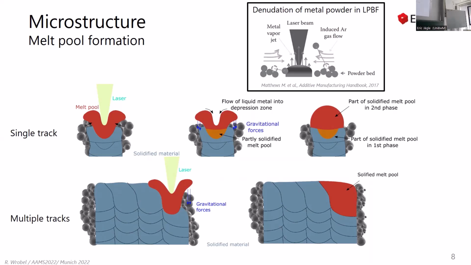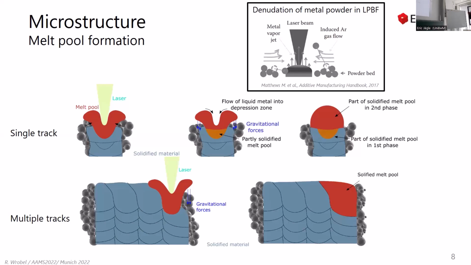And it leads to the creation of voids or empty spaces. And over time, we also have the impact of gravitational forces acting on the edges of the melt pool.